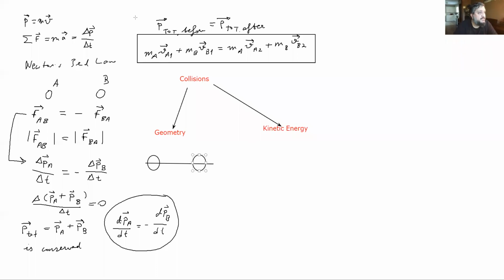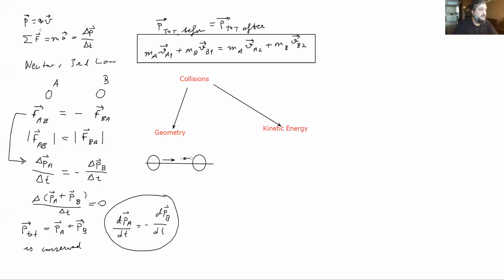And let's say these are the velocities before. What you expect is, again, a movement along the same line after the collision.